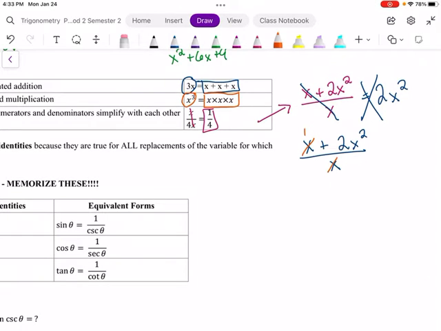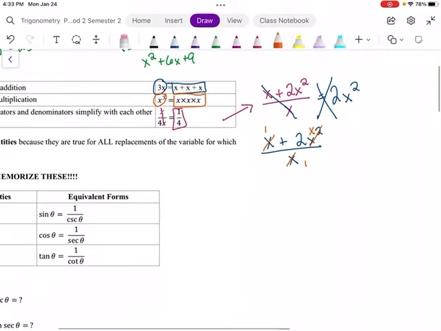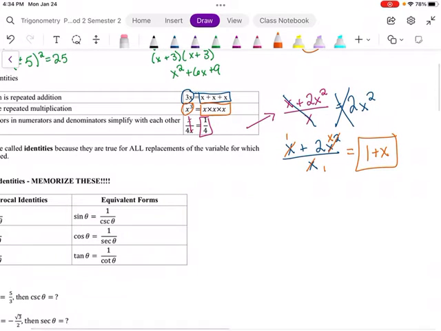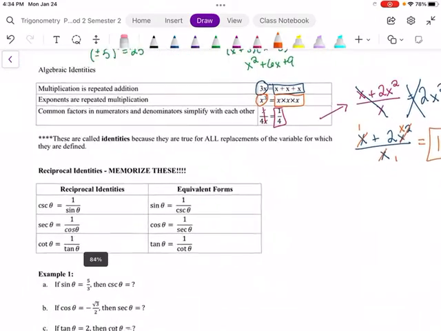So if we take an x away here and here, we also have to take one away there. And then the simplified answer for this would be 1 plus x. So always remember to be careful when you're adding or subtracting and simplifying, because then it usually gets mixed up, and that's where I see the most mistakes in trig.